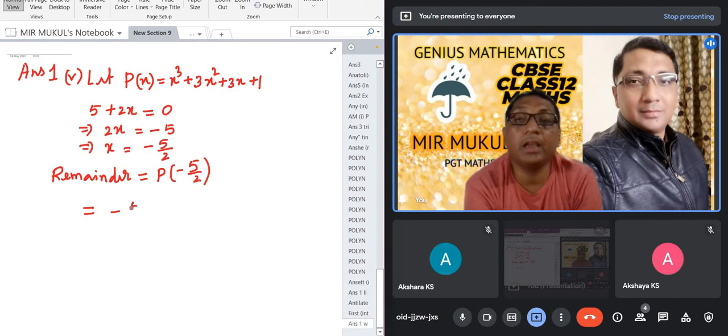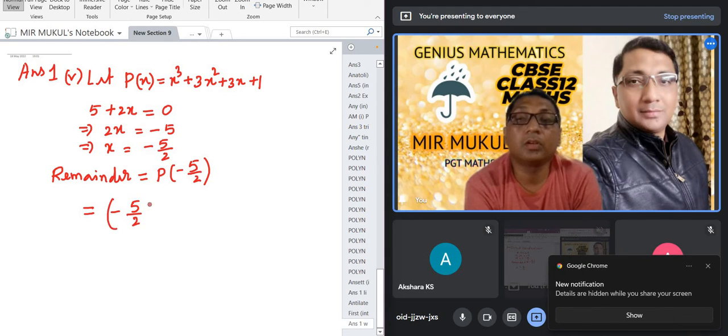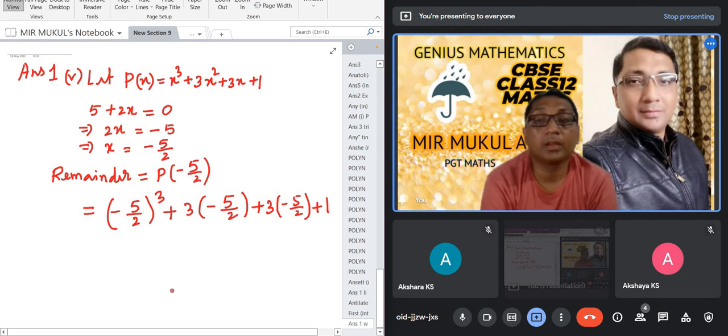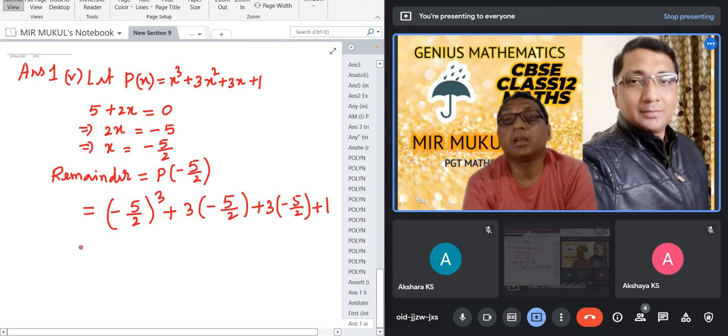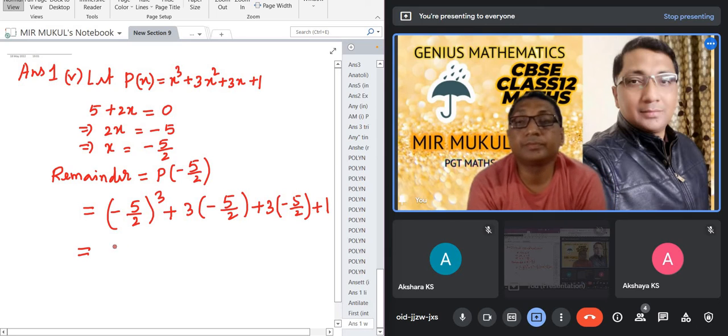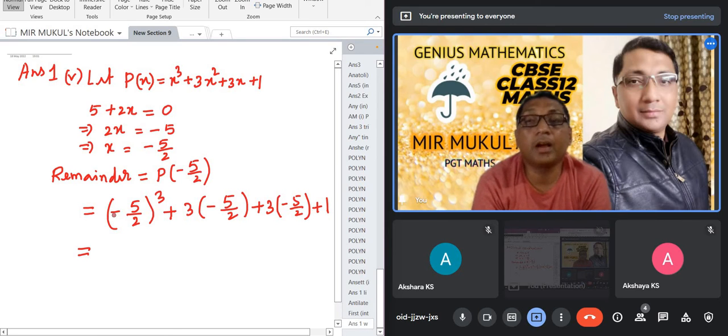Now put the value of x, minus 5 by 2, in every term. So minus 5 by 2 whole cube plus 3 into minus 5 by 2 plus 3 into minus 5 by 2 plus 1. Right? Okay, understood? Now, Akshara, tell me minus 5 by 2 whole cube, how much? Will it be negative or positive?